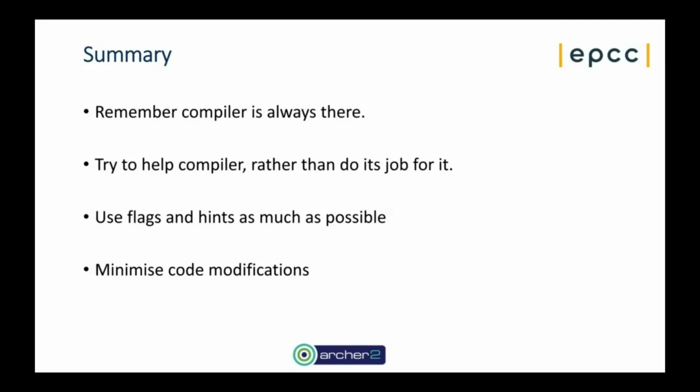Have a look at why the compiler is not giving you good performance for various routines using the compiler reports. Then you can start going in with directives or code modifications to help with that. And if you get to a point where you need to do something more manual, then that's perfectly fine. But starting off with the compiler will generally give us the best benefits for the least amount of effort, and help us preserve the quality of our code going forwards.